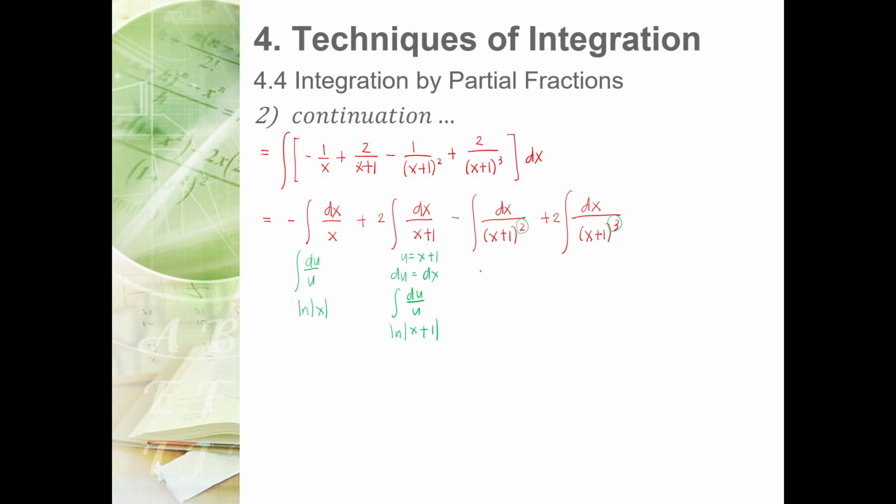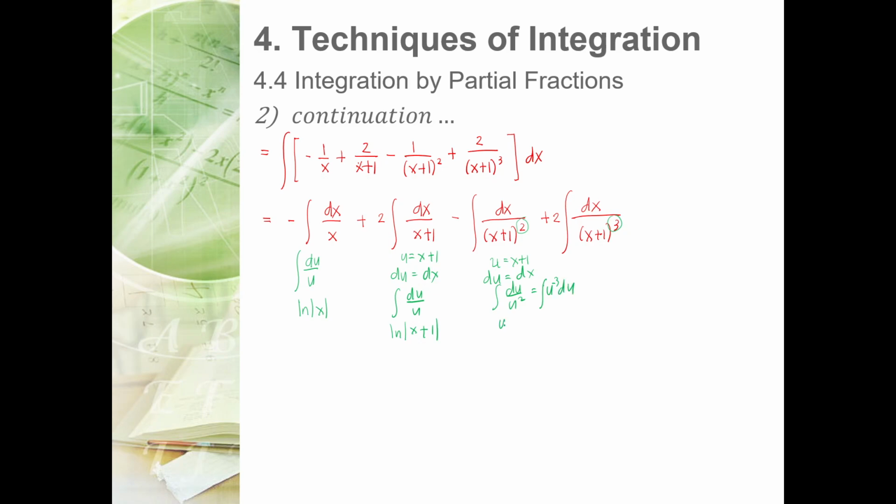So what you need to do is you create it in an exponent manner. So u substitution, u is equal to x plus 1. Du is equal to dx. Then this becomes du over u squared, or you can express it as u to the negative 2 du.